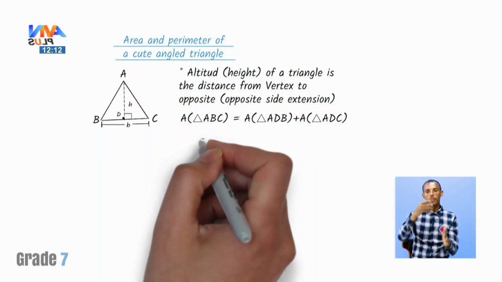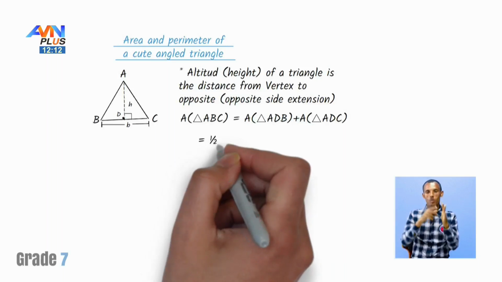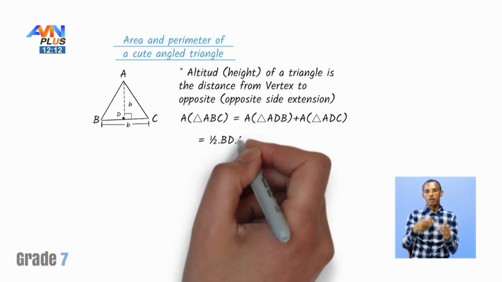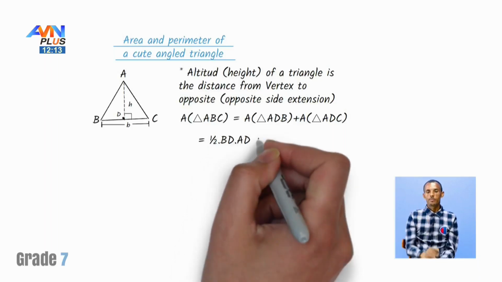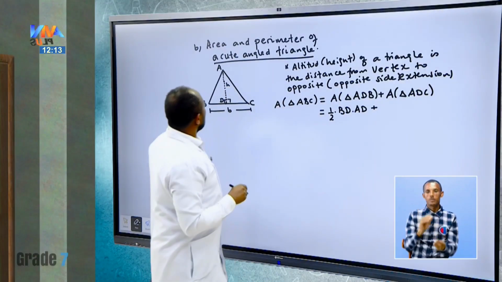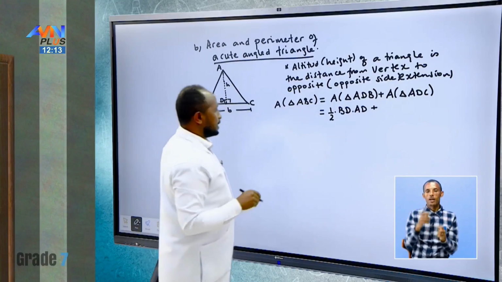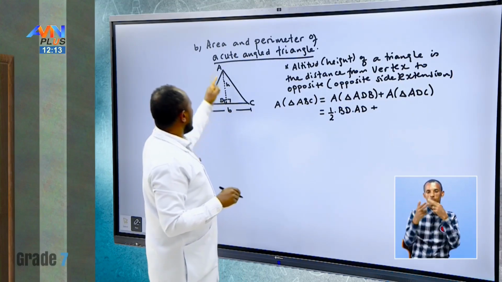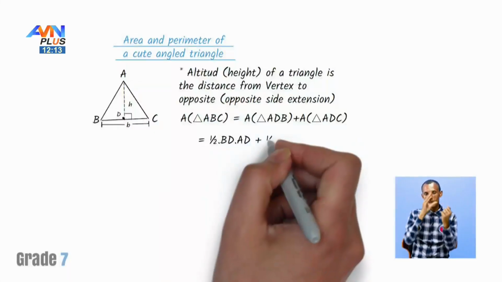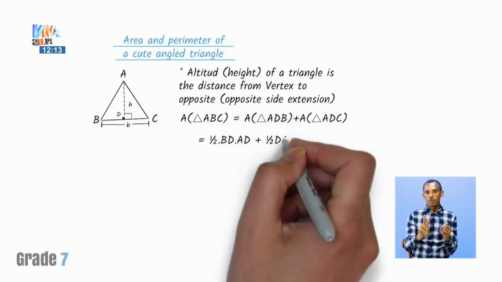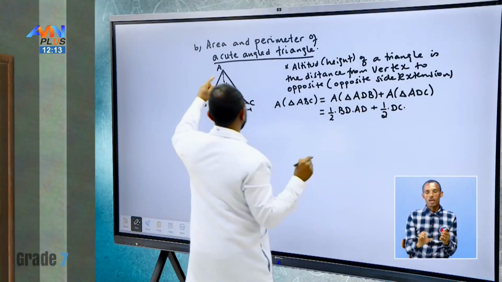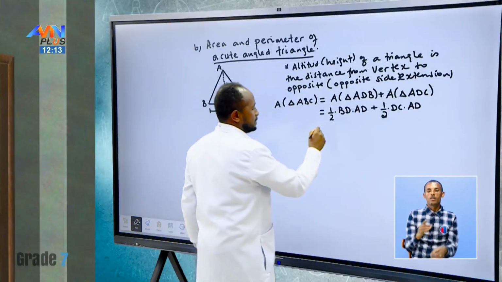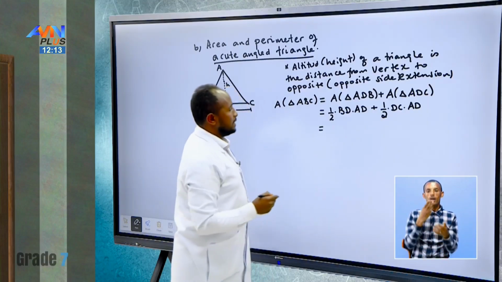So its area will be half times the base BD times the height AD, plus the area of triangle ADC, again a right angle triangle. You multiply its base and height: half times the base DC times the height AD.